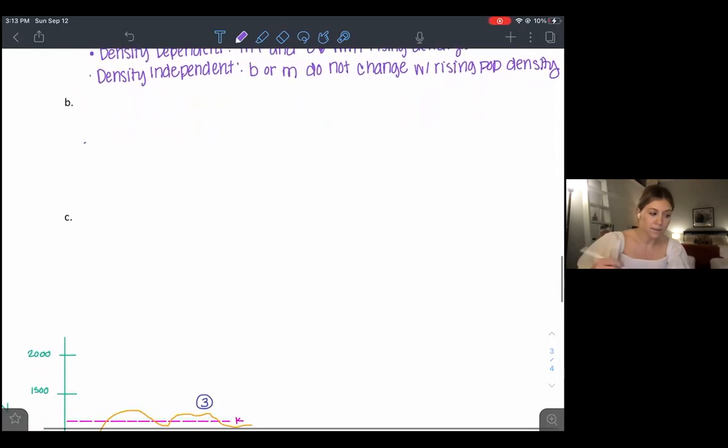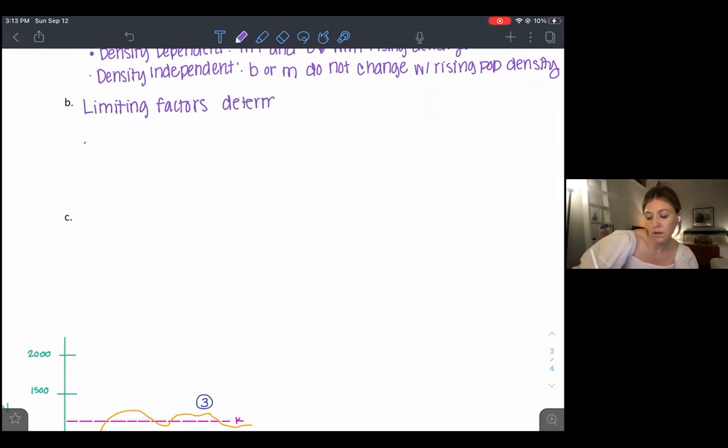Now, our limiting factors are what actually determine something that we call our carrying capacity. Another way of saying that is that limiting factors determine how many organisms an environment can support.